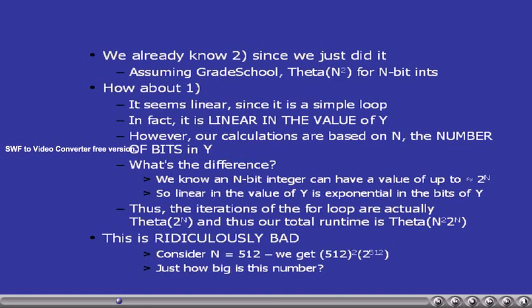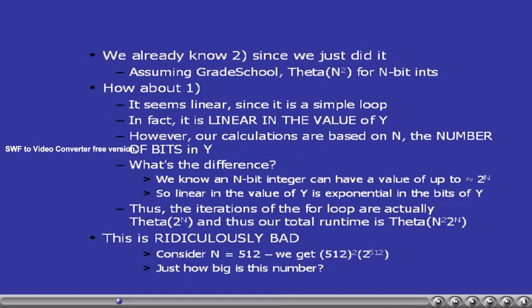Thus, the total complexity will be a function of y and n square. However, what is the worst possible value of y? That is, y is also an n-bit number. Thus, the largest possible value of y is 2 power n.